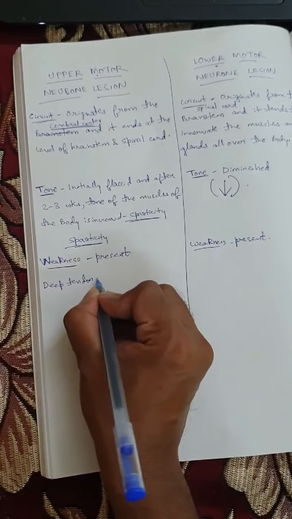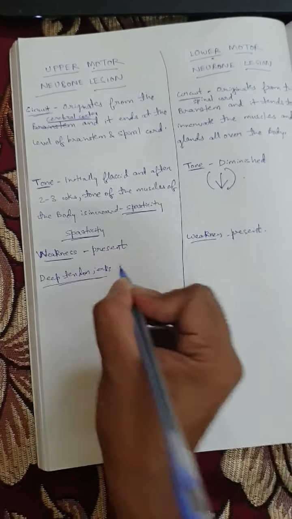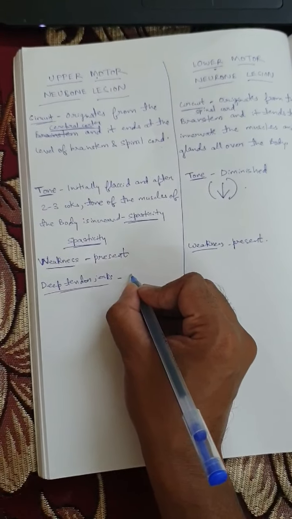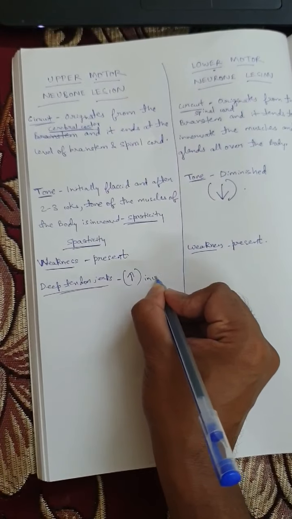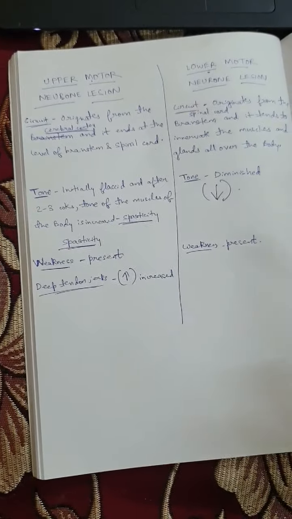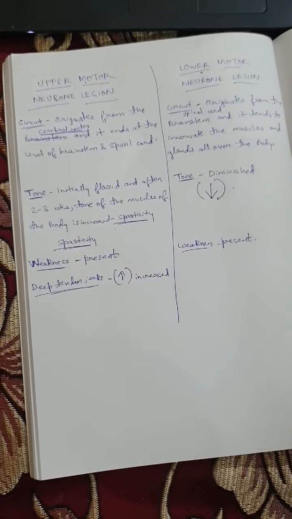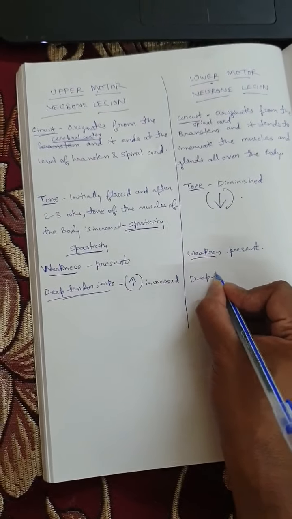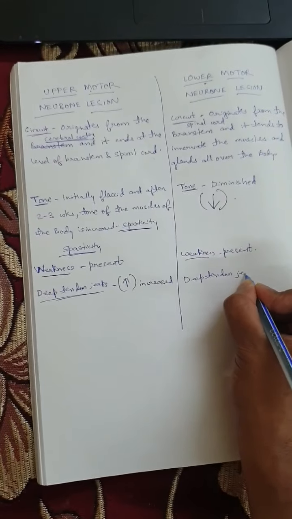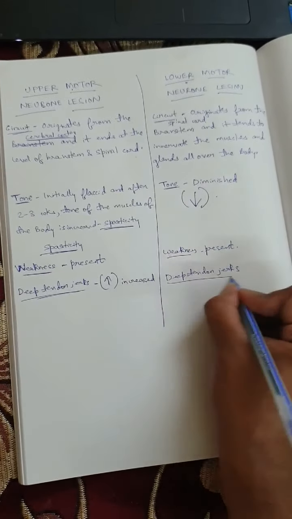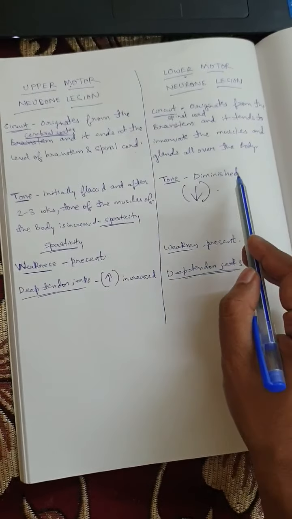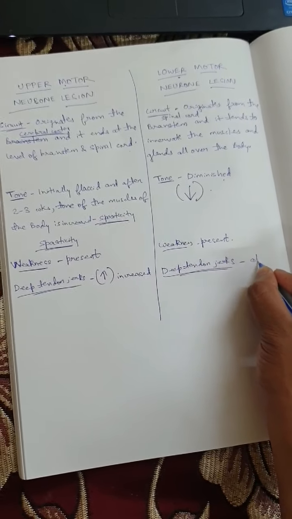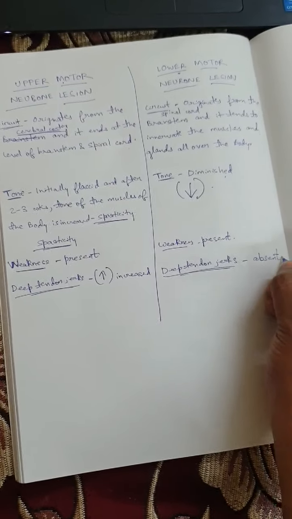Deep tendon jerks are a separate topic that I'll cover in a separate class. In an upper motor neuron lesion, the deep tendon jerks are increased. They become exaggerated, hyper, all over the body. In a lower motor neuron lesion, the tone is diminished, and the jerks are absent.